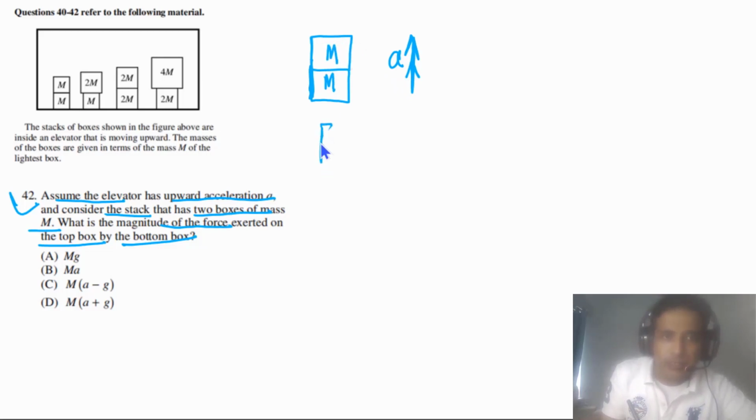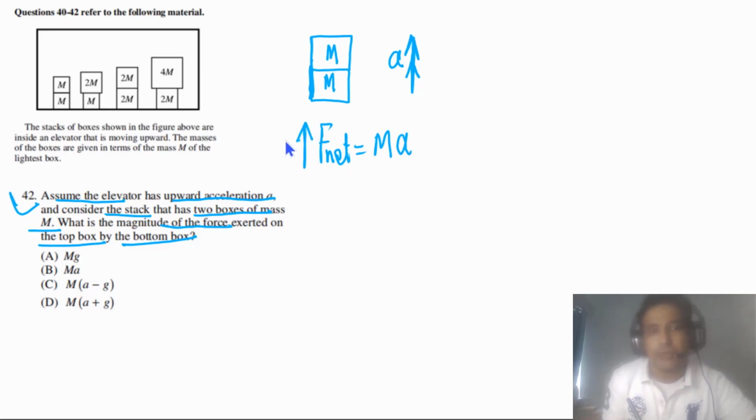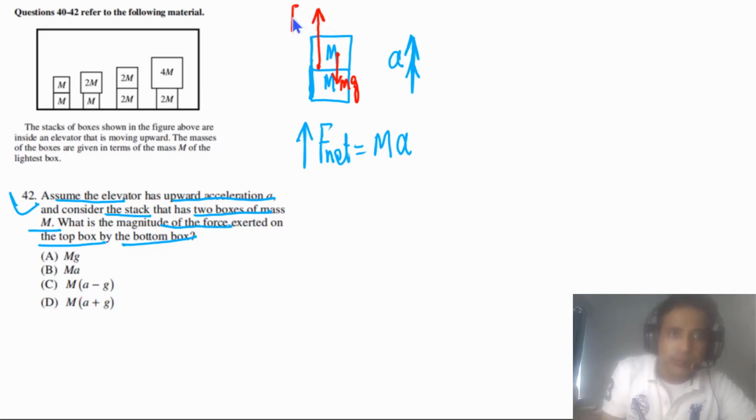So we can say the net force on the top box, F net, has to be equal to M times A, and F net has to be in the upward direction. Now if we consider the forces acting on this box, one is the gravity that is acting down, so this is equal to mg, and there is a force on the top box by the bottom box. This force is in upward direction. We can say this force is Fn, normal reaction force, pushing force by this box.